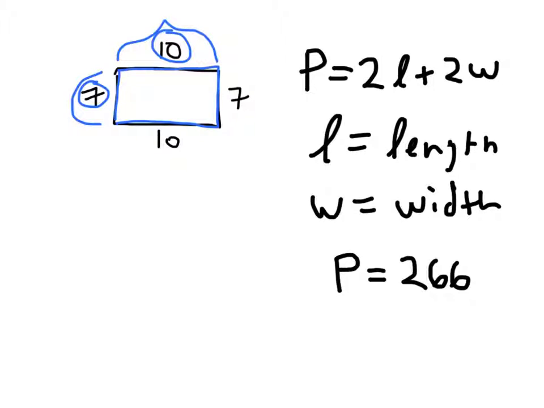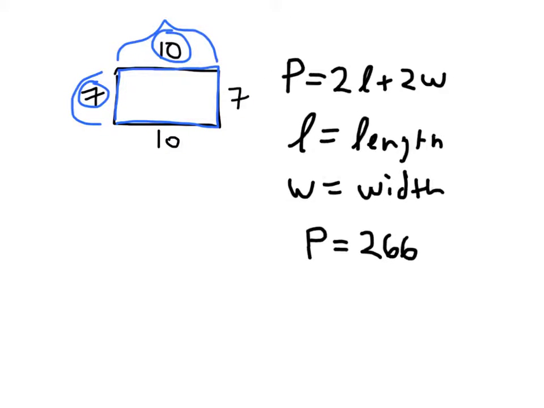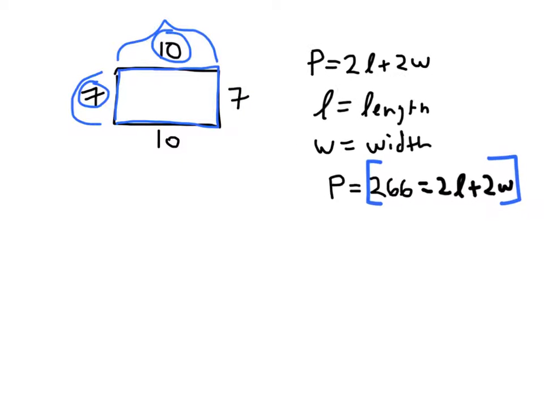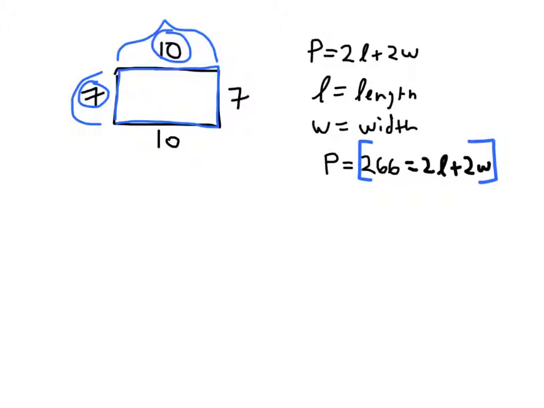Now, just based off of that alone, we know that in this particular problem, 266 therefore equals 2L plus 2W. All right, and in fact, I'm going to zero in on just this part right here, because this is what we're going to be focusing on ultimately. So 266 equals 2L plus 2W.